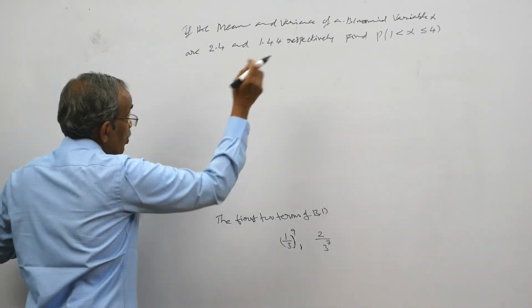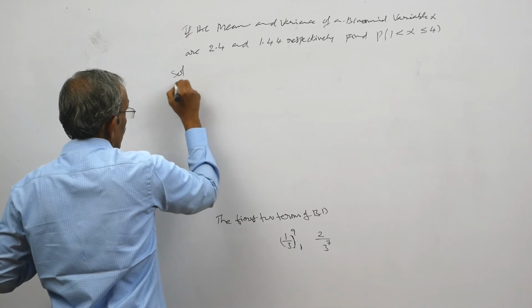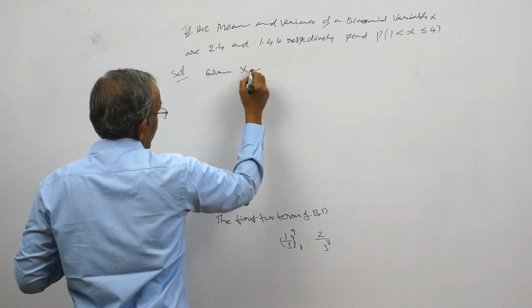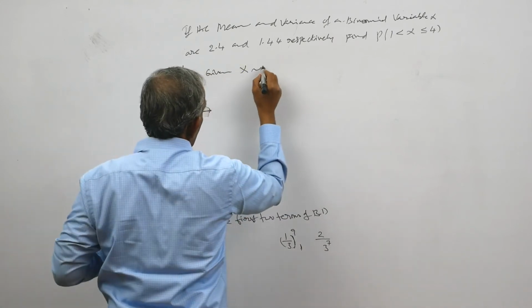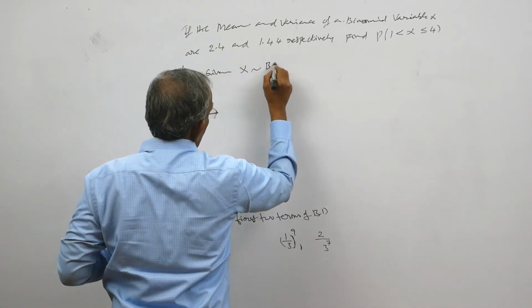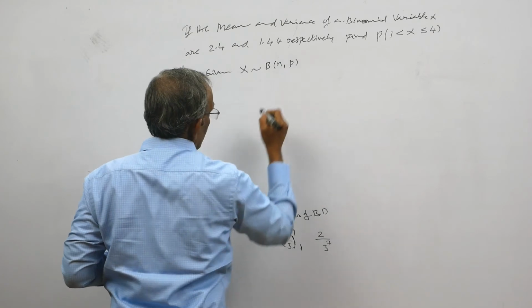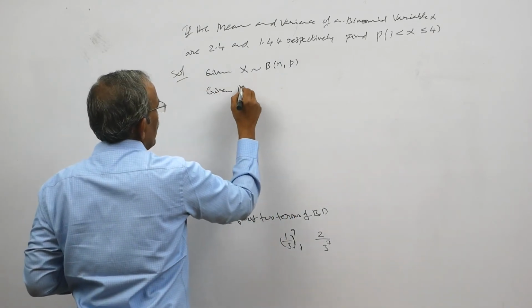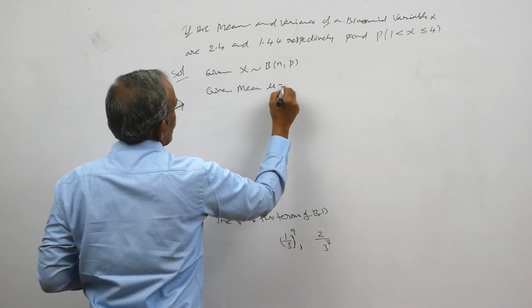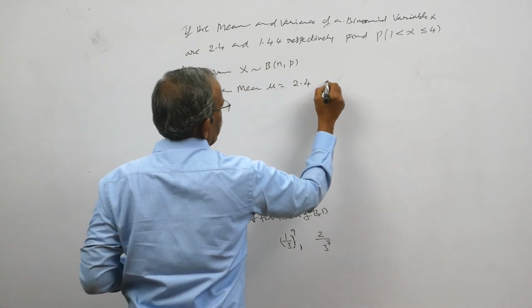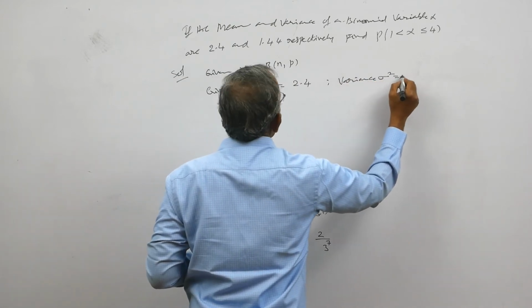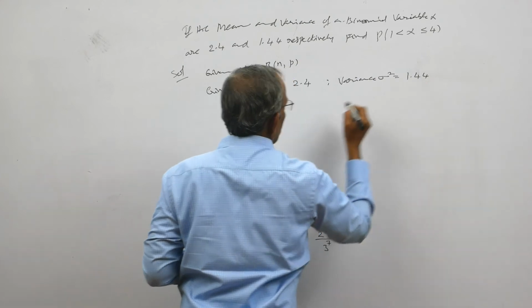Here given that x is a binomial variable with parameters n comma p. Given mean mu is equal to 2.4, variance sigma square equal to 1.44.